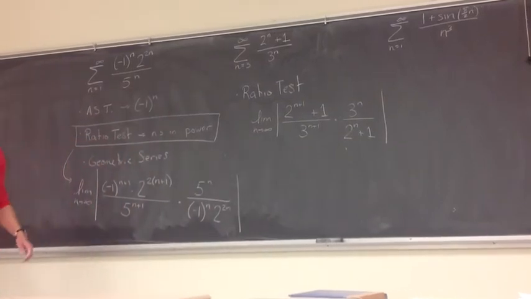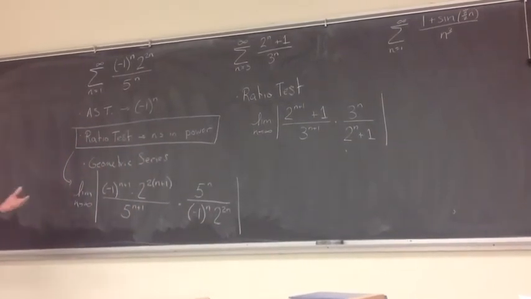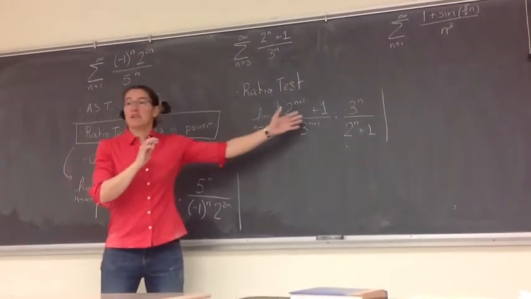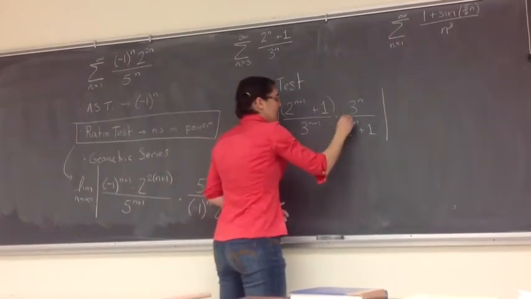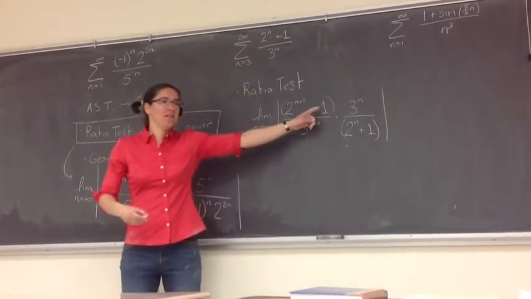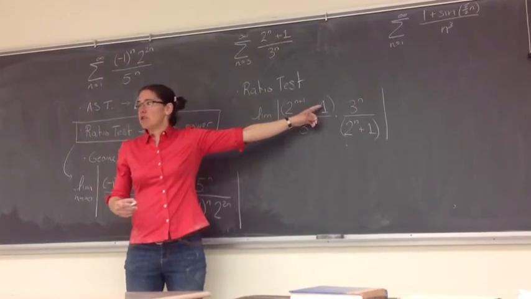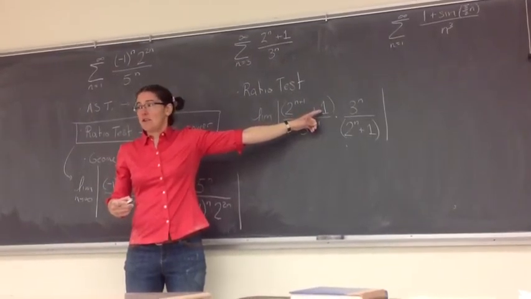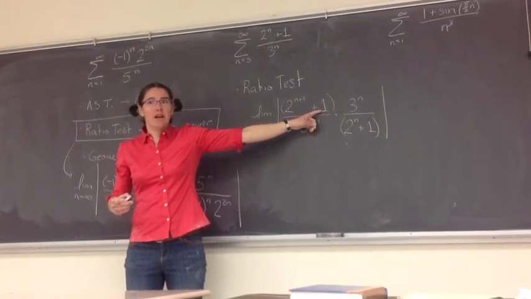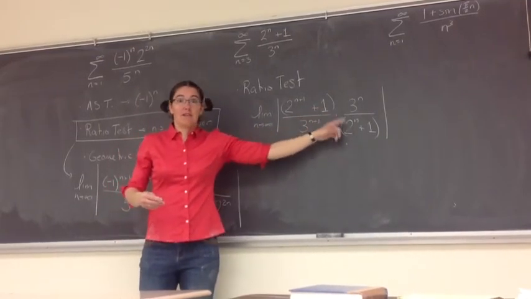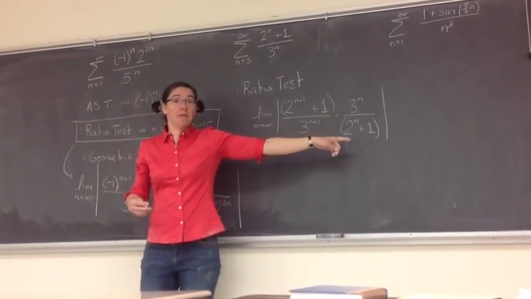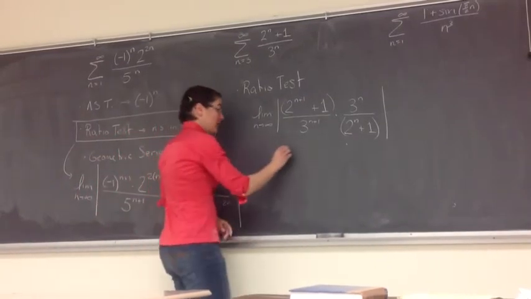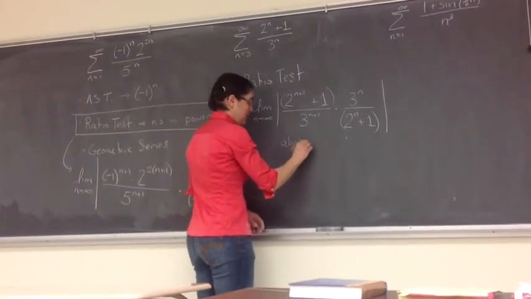And at this point, I get a little upset because my ratio test is looking really good until I get to here, and this plus 1 is going to make for major issues in terms of canceling. Unless I want to pull out my get out of jail free card and try and use some illegal algebra, I can't do much canceling here because of that plus 1. Okay. So my algebra could get hard.